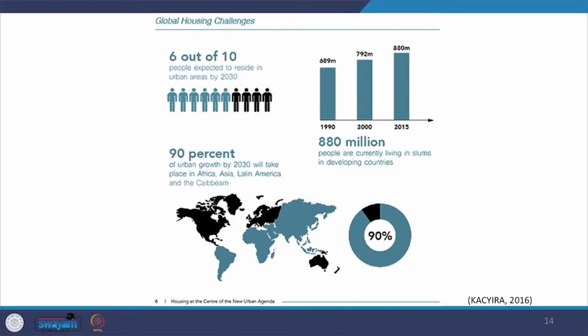We see that these slums are rapidly increasing. It has never happened before, and this is because of the lack of adequate housing, among many other urban challenges. And we also see that in these slums, poverty and inequality is very much evident.